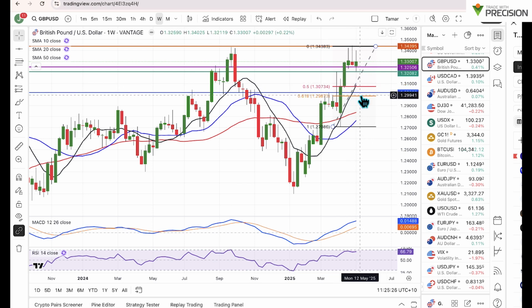So quite similar to euro dollar, I'm looking for a bit more of a pullback over here into the sweet spot, signs that the buyers are returning into the market on the lower time frame, and another continuation and a test of this higher time frame resistance level around the 1.35.